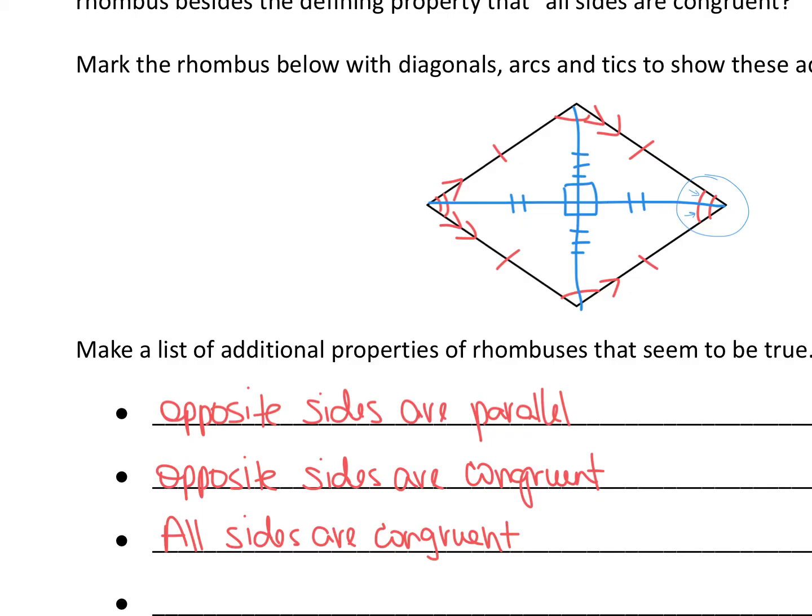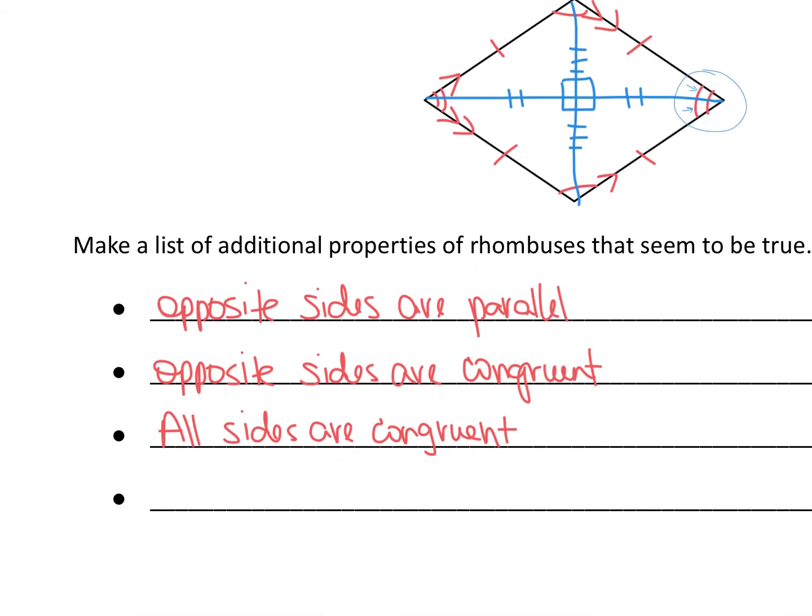All right, so that's all about the sides. So let's do angles. So now we've got the opposite angles are congruent.